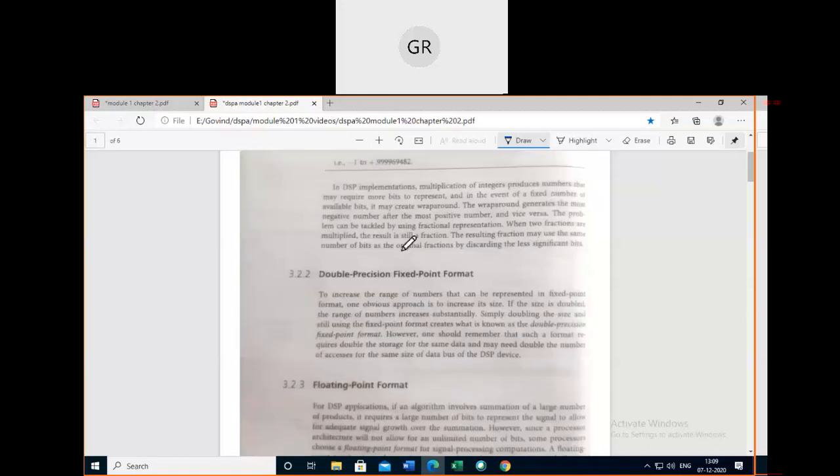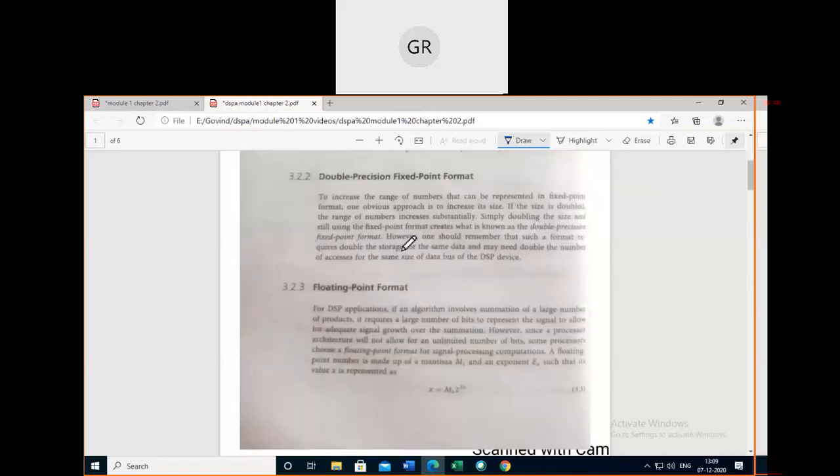Just remember the double precision fixed point format: double the number of bits used for representation, and the range also doubles. This is about the double precision fixed point format.